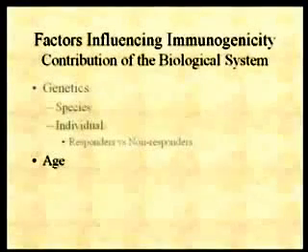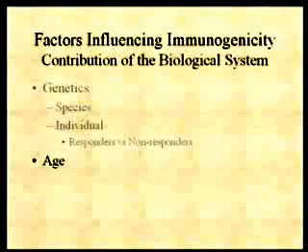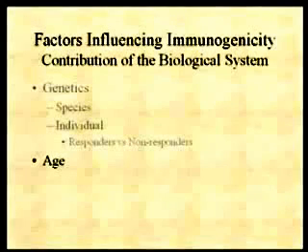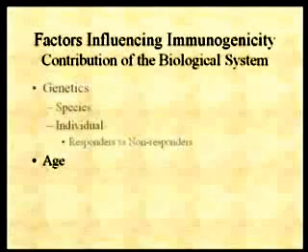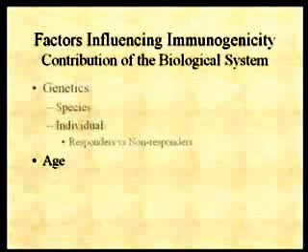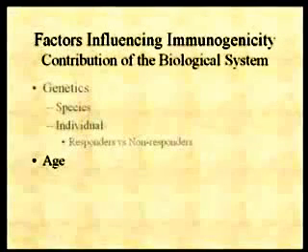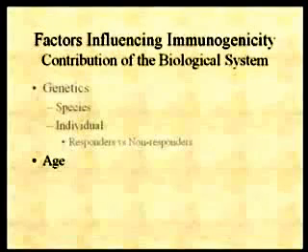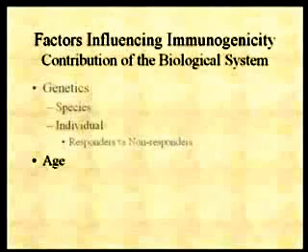Age is important. We as a species, when we are born, are not born fully immunocompetent. And so the very young do not mount as good an immune response as older children or adults. Similarly, on the other end of the spectrum, as we age, immunity wanes, and so response in the elderly is not as good as response in the young or middle-aged population.